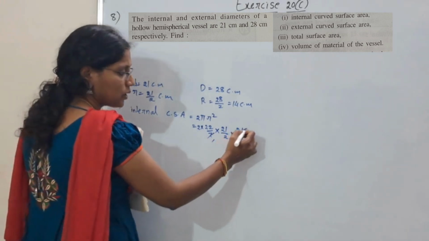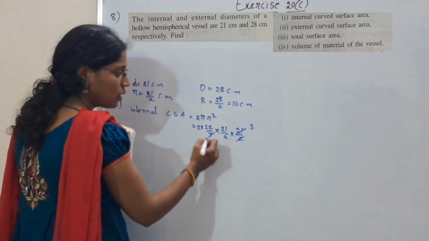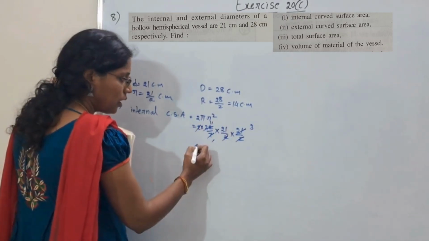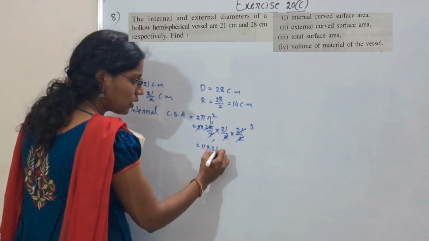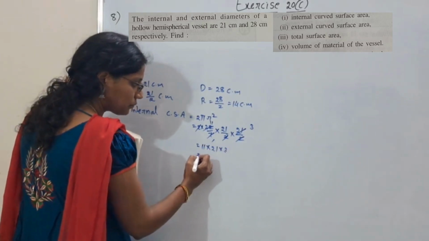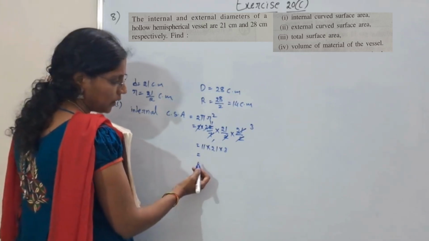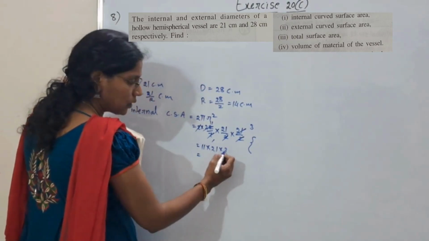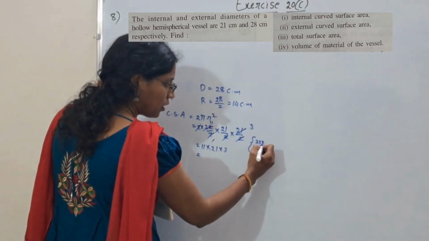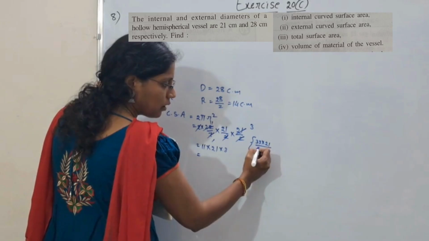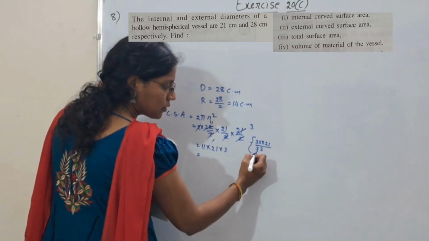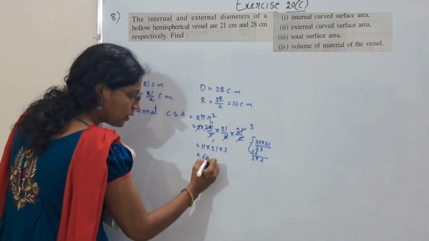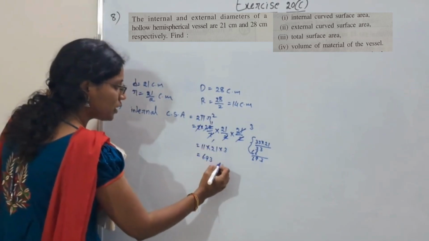Cancellation. 7 threes are 21, 2 ones are 2 cancel. 2 ones are 2, 11 ones are 11. Here 11 into 21 into 3. Here you should multiply 33. Here 11 into 3, 33 into 21. 33, here 66, 693 centimeter square.